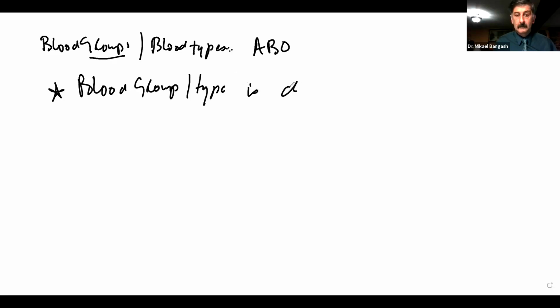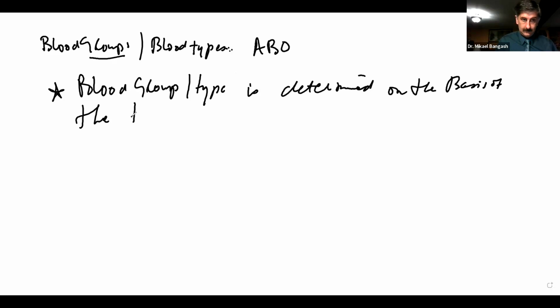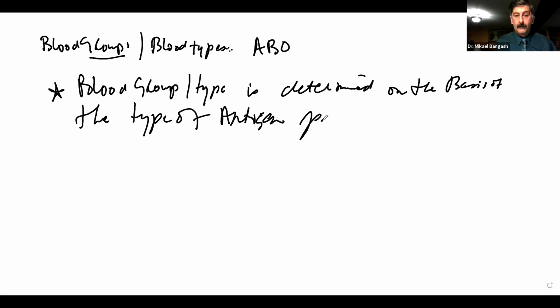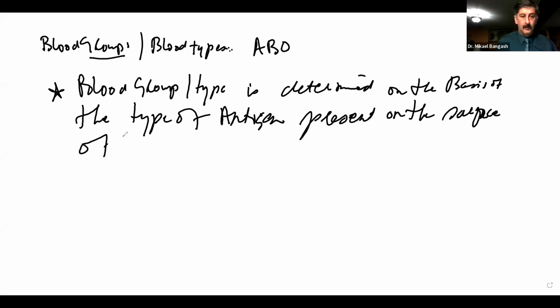Is determined on the basis of the type of antigen present on the surface of the red blood cells. Did you guys get that?